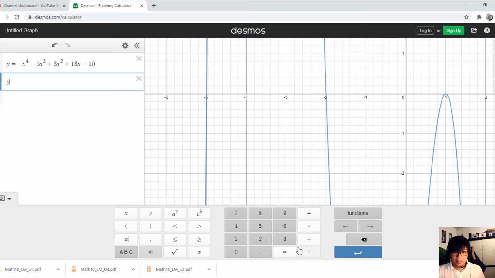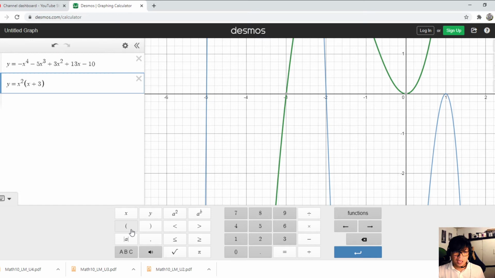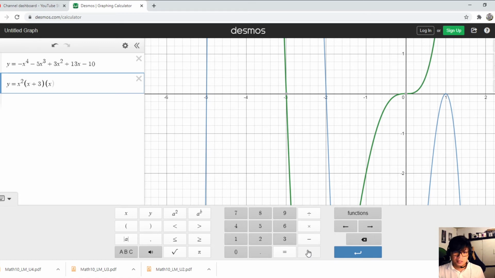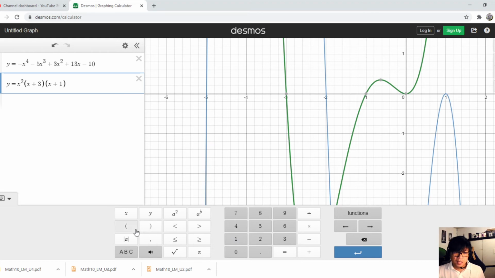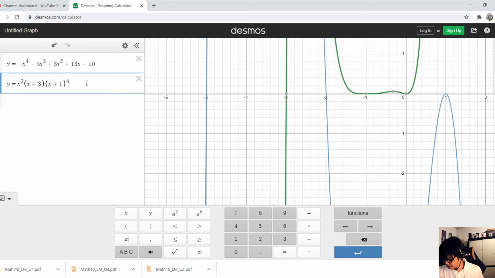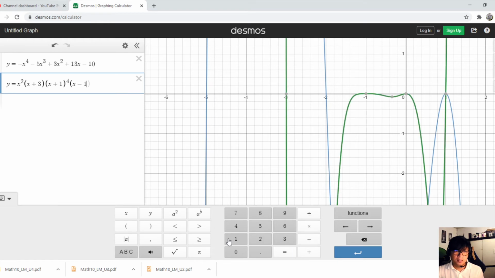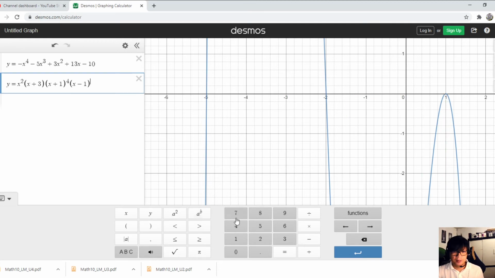Y is equal to x squared times x plus 3 times x plus 1 raised to the 4th power, tapos x minus 1 raised to the 3rd power. Ayan.